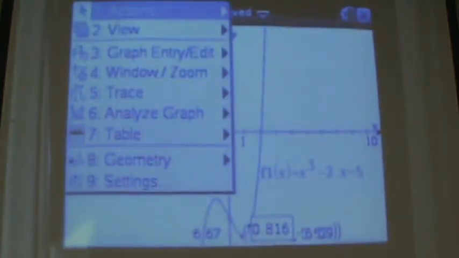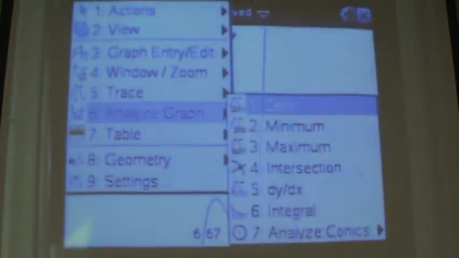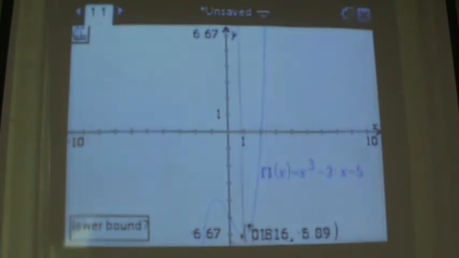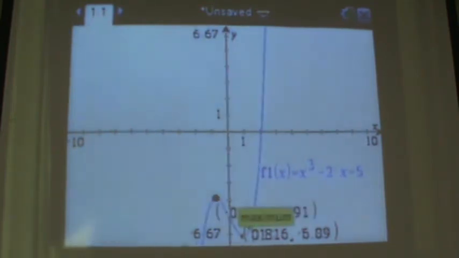So you're gonna find your maximum by hitting menu, analyze graph, max. Now for your maximum, it's asking you for a lower bound. I would type in -2 and 0. And there it is, right there. There's your maximum. It's -0.816.